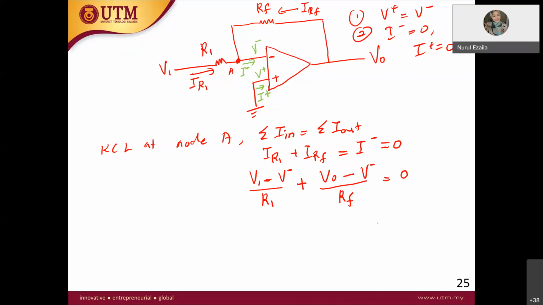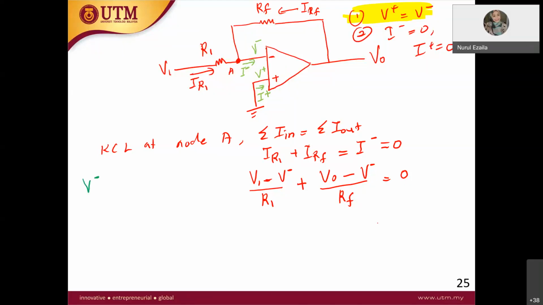If you take the first assumption, V plus equal to V minus, so now V plus is equal to what? My question. 0, because it is grounded. Yes, correct.